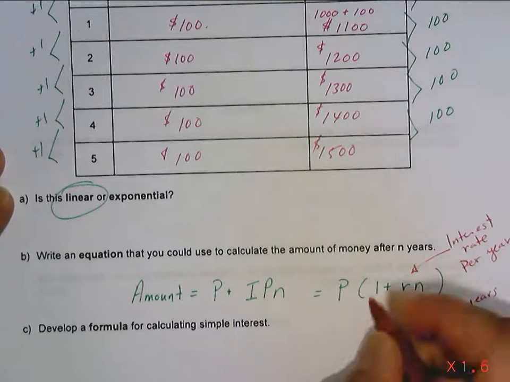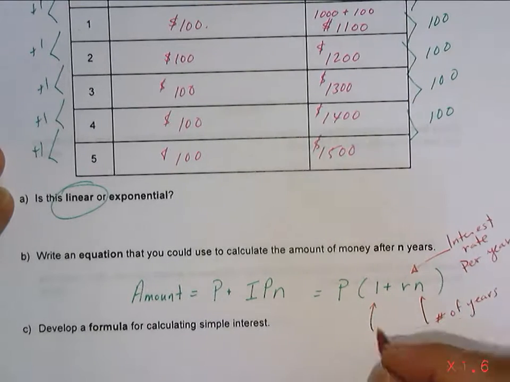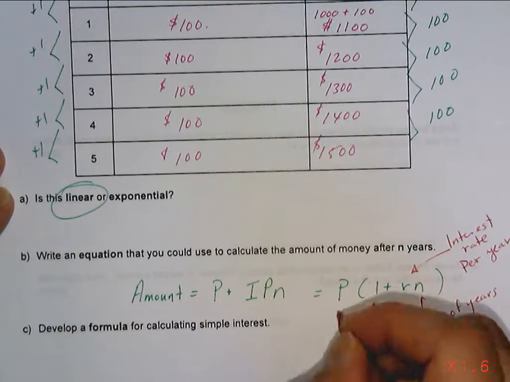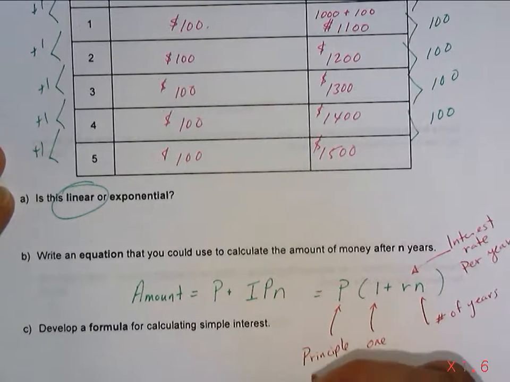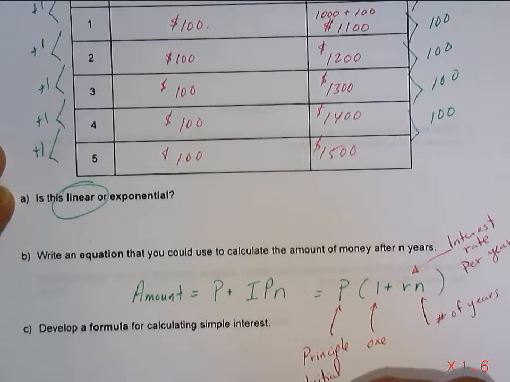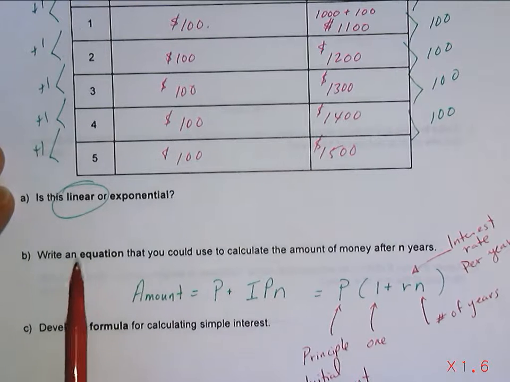This is 1. And this is the initial amount, or the principal. So that is an equation we could use to calculate the amount of money after n years.